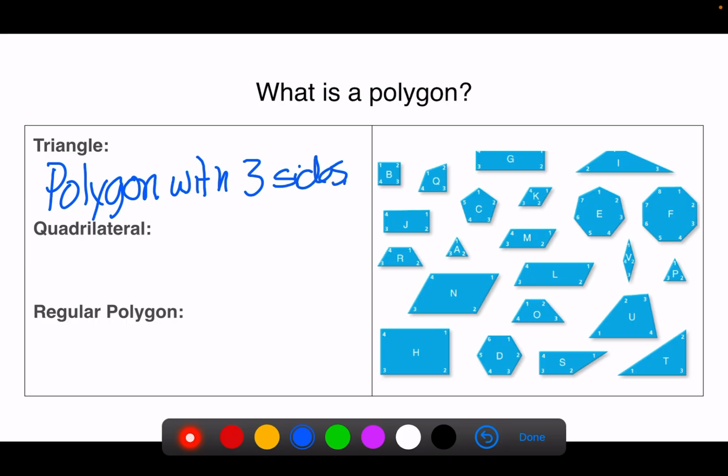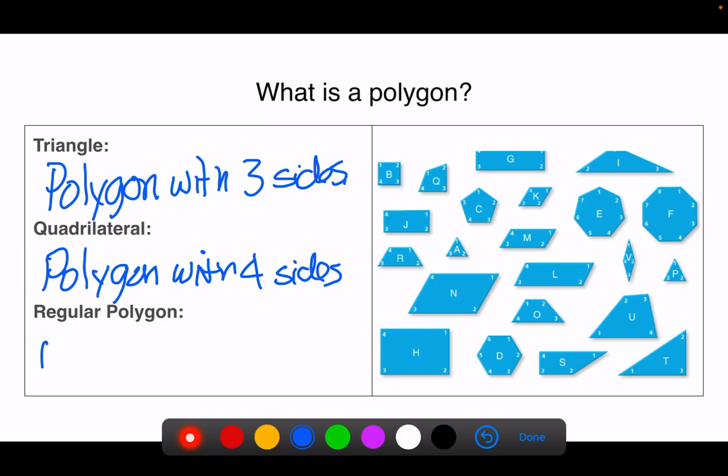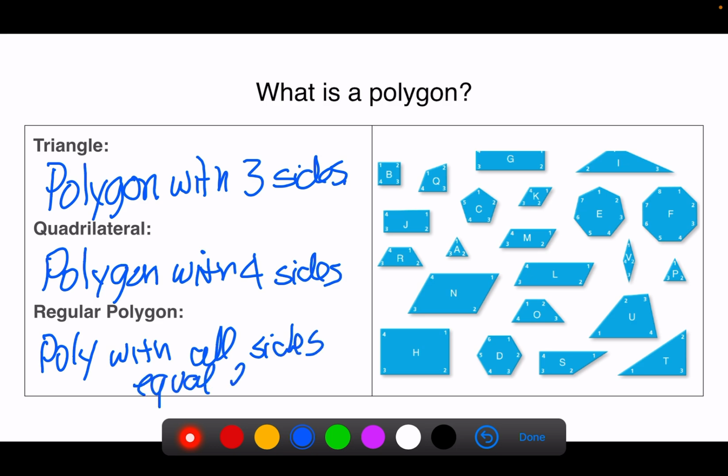And a quadrilateral is a polygon with 4 sides. And a regular polygon with all sides equal length. Pause the video if you need to get those definitions written down.